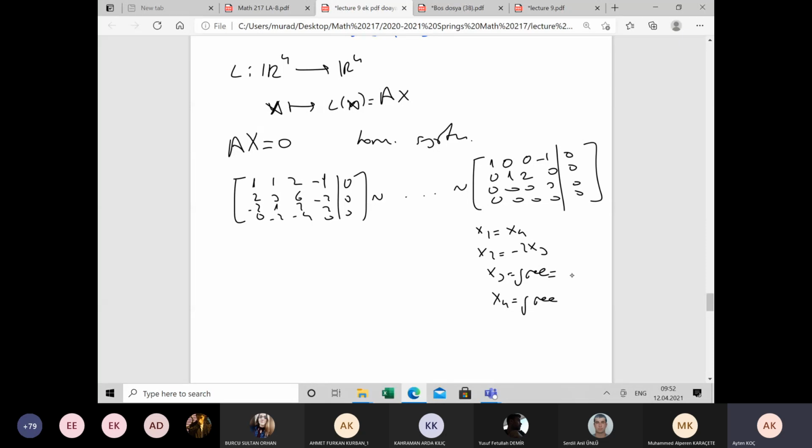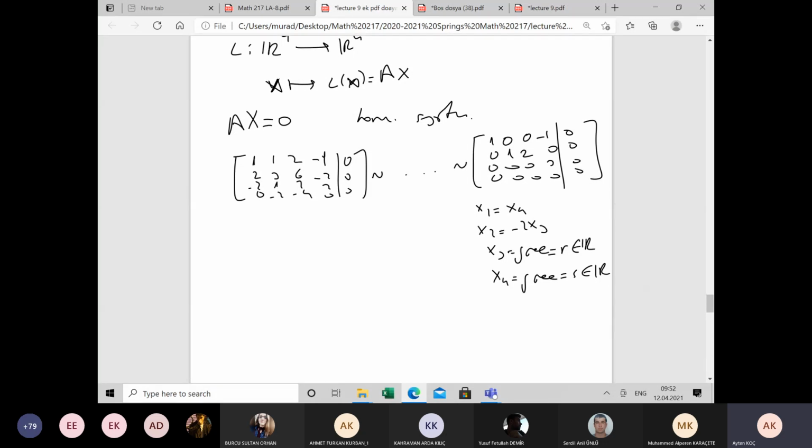We get infinitely many solutions, and the solution set is x1, x2, x3, x4, the solution space: x1 is s, x2 is minus 2r, r, s.